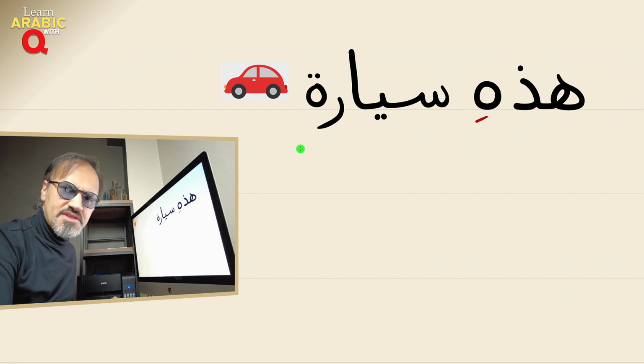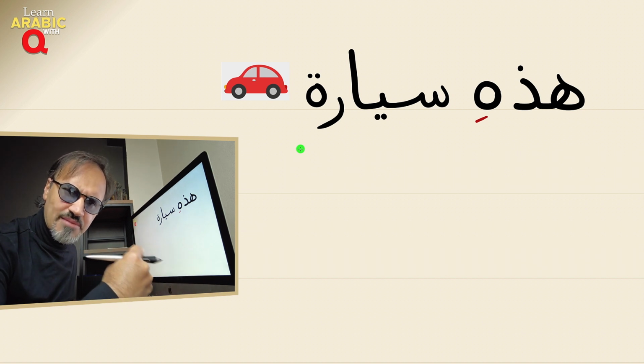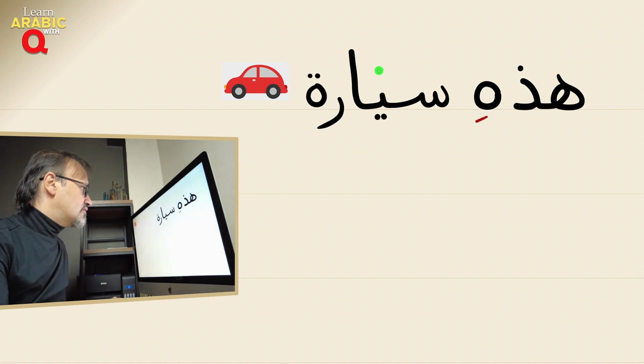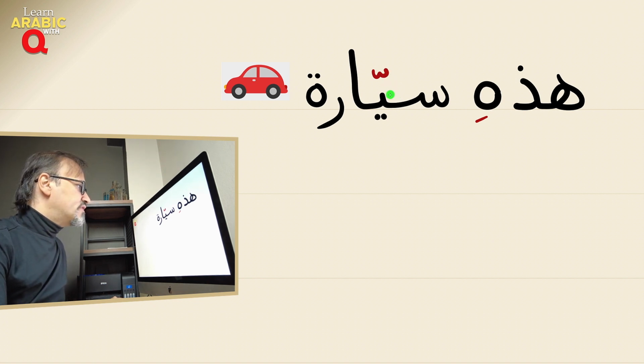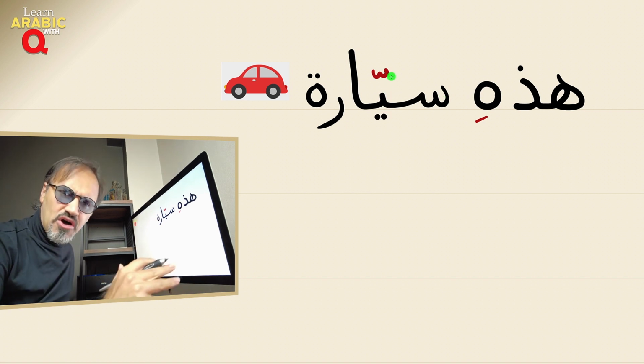Now, one of the marks of the tashkil that we haven't spoken about is the one that makes a letter more heavy and like a double letter. And that is called the shadda. This is how it looks like. Looks like a little W. Okay? When you put that over here, you kind of pause a little bit on the ya.